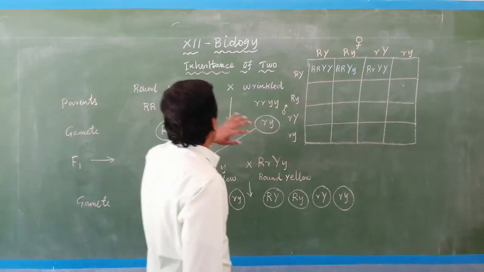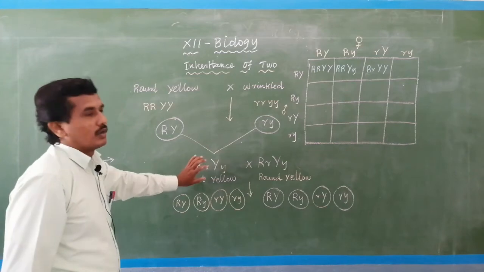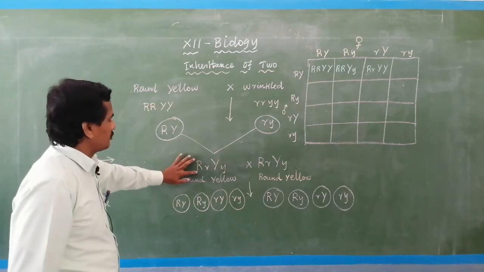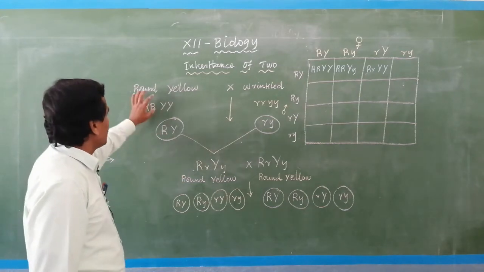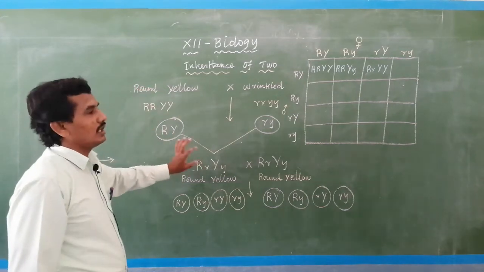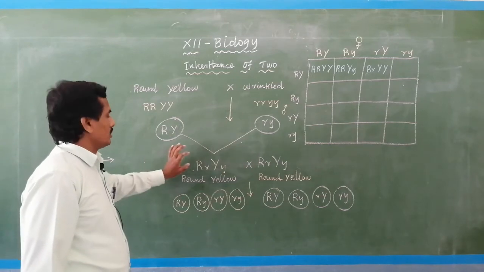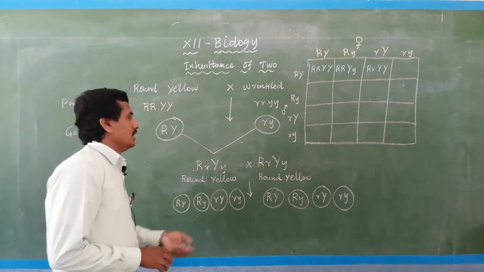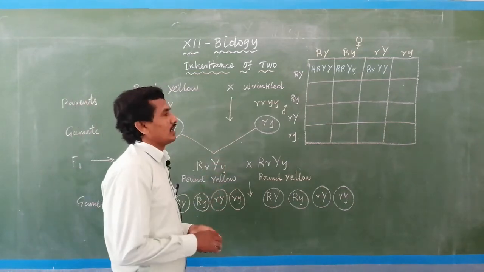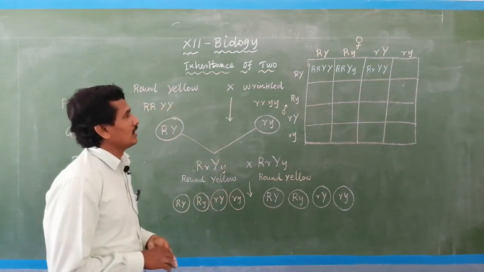Capital is dominant, so only it is expressed in F1. The character that is expressed in F1 is said to be dominant. So here only round yellow is expressed in F1. So round yellow is dominant. The wrinkled green is not expressed, so this is recessive.